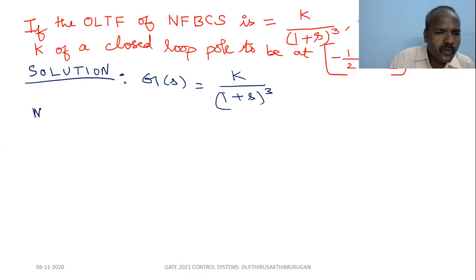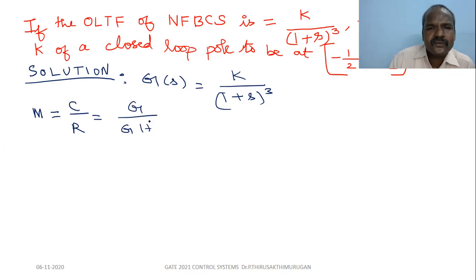So closed loop M equal to C by R equal to G by 1 plus GH. So this is negative feedback with unity feedback, so H of S is 1. So M equals K by (S plus 1) whole cube, divided by 1 plus K by (S plus 1) whole cube.